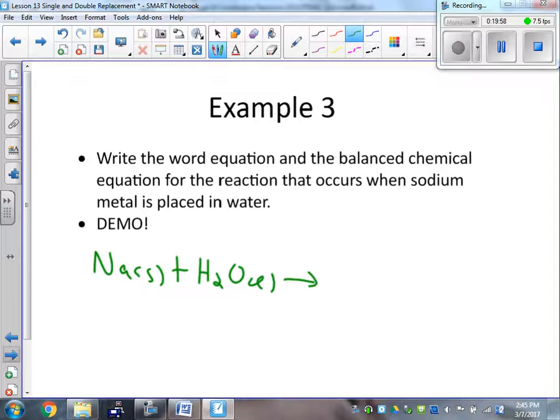Now, let me ask you this. Sodium is a metal, right? In water, do we have a metal? Do you see a metal there?